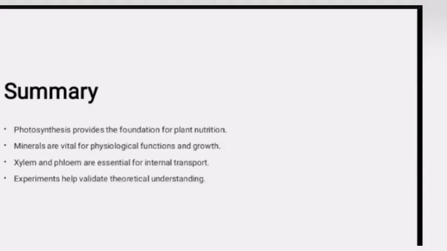We have the xylem and phloem. The xylem moves water from the root to the leaf or wherever it is needed, whereas the phloem moves what? Food substance, glucose, from the leaf to wherever it is needed. That's the stem, the root, and other leaves as well.